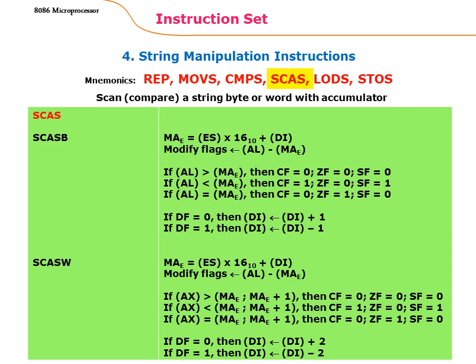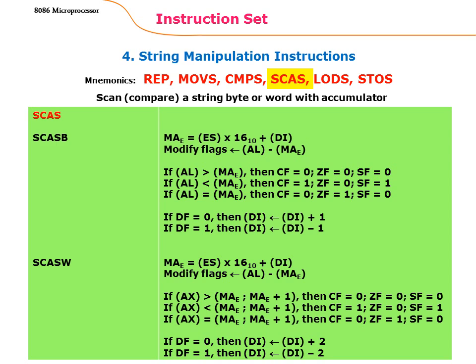Scan a string byte or string word with the accumulator. Scanning means each and every string byte is scanned against the content of the accumulator, for example SCASB, MOV AL, dollar. If the string has a dollar, it scans each byte until the dollar symbol matches. If DF is equal to 0, then the destination index is DI plus 1.